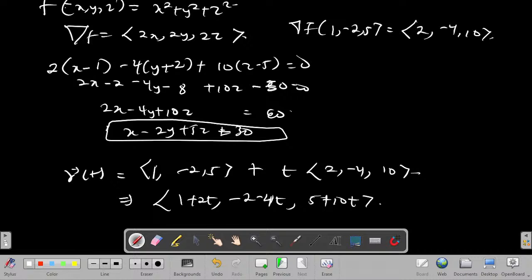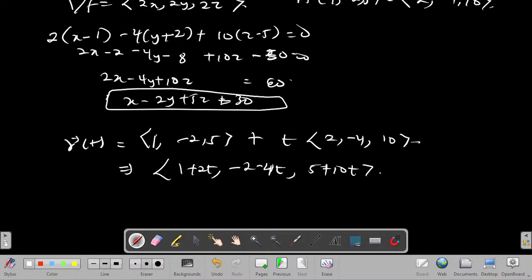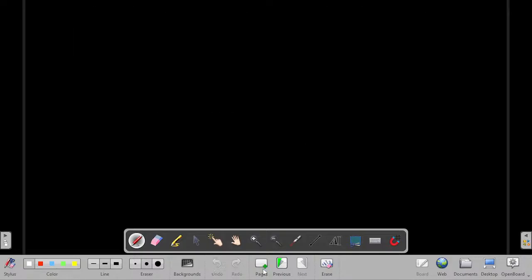So this is how we deal with directional derivative, finding tangent, equation of normal. It's not difficult. You need your function, your gradient vector, your gradient vector at that point, then you go your way. Let's touch on the last part, which we call relative minimum and maximum.